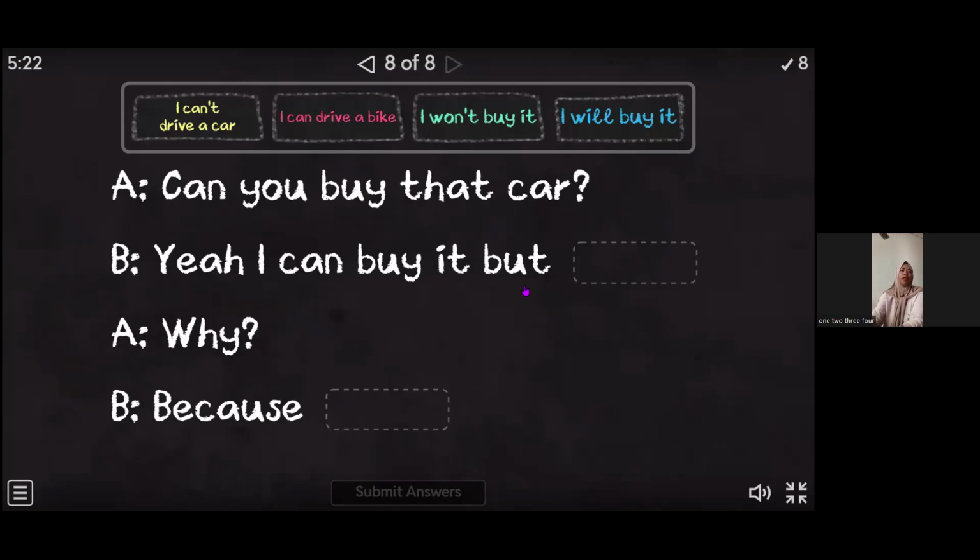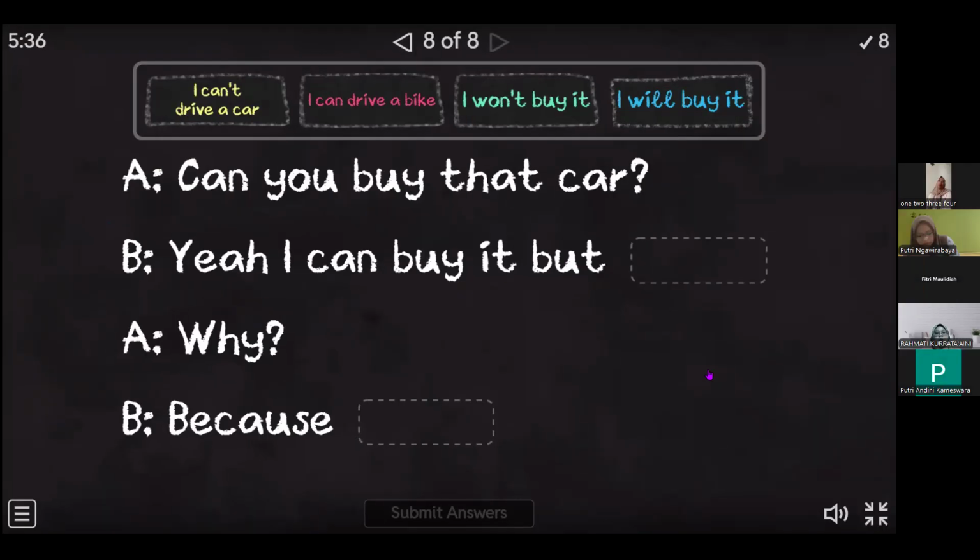Who is willing to try to complete the conversation for number 8? A, can you buy that car? B, yeah, I can buy it, but. A, why? B, because. Please, who is willing to complete? For B, maybe I won't buy it because I can't drive a car.